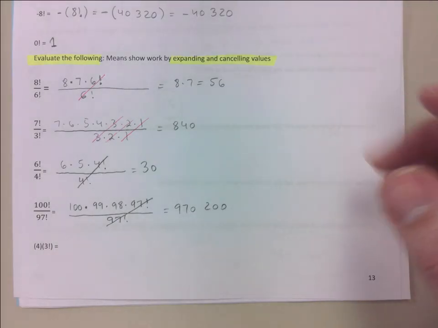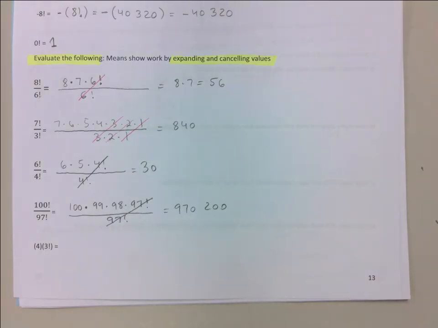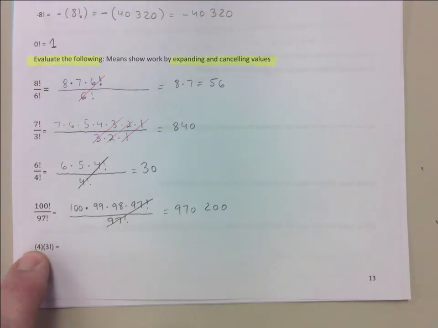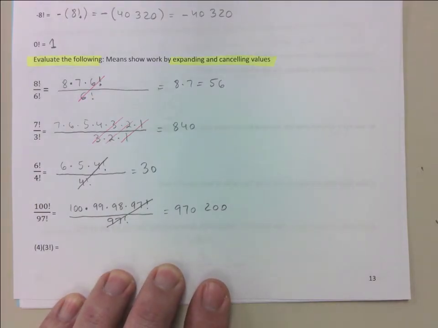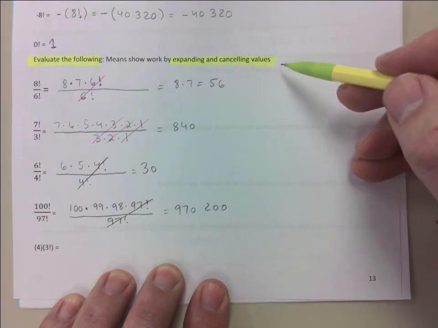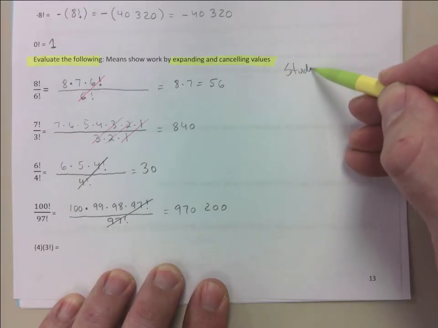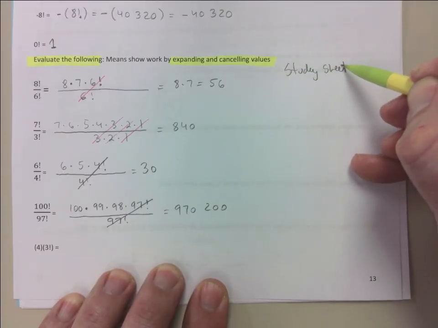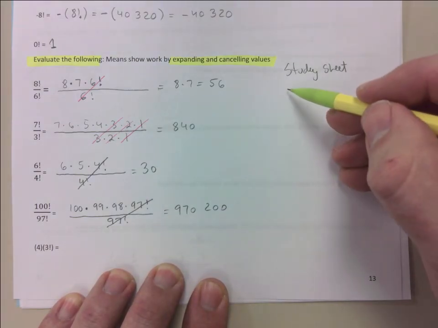Okay. I'm gonna skip this one for now because it's just 4 times 3 factorial. What I would like you to have on your study sheet to speed things up, I'm gonna ask you to do this. Study sheet for this unit.